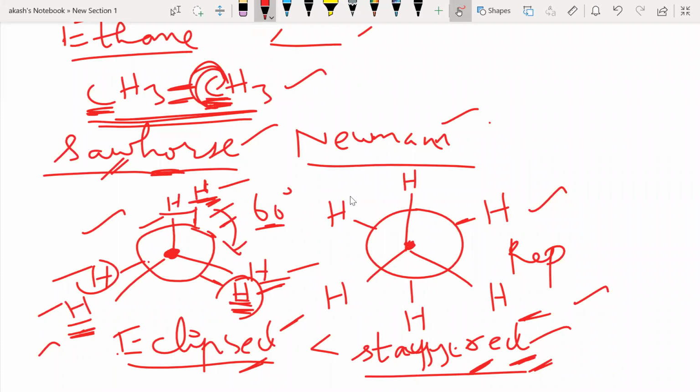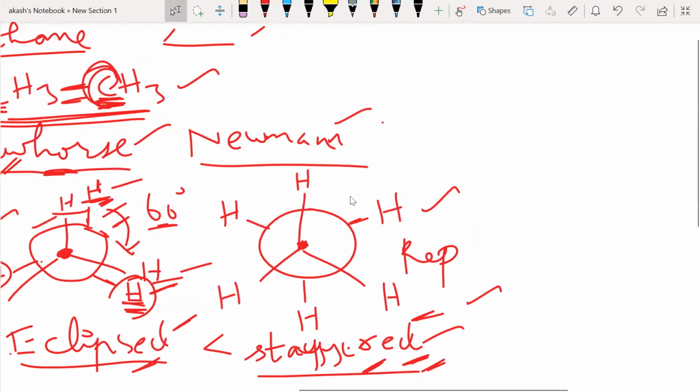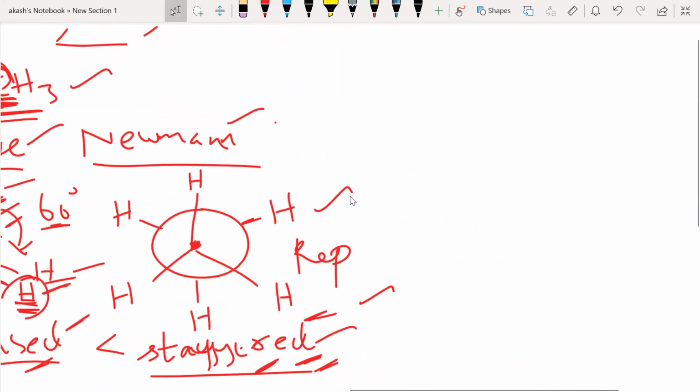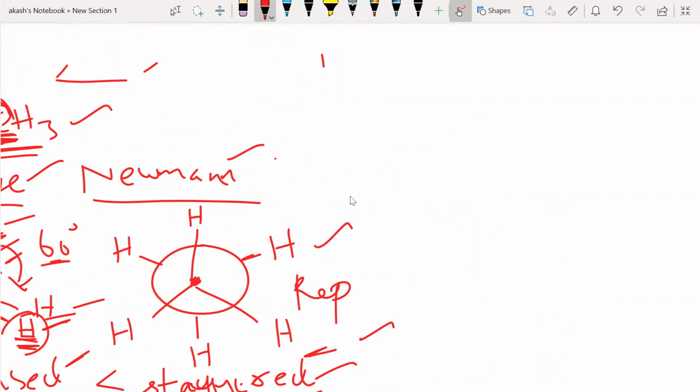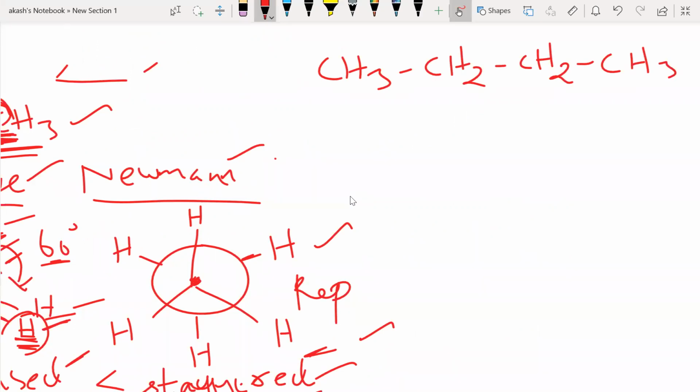Okay, so this is all about conformational isomers. But this is not the only case, guys. If I take a slightly more complicated molecule, say butane, CH3, CH2, CH2, CH3, obviously all the single bonds can rotate.